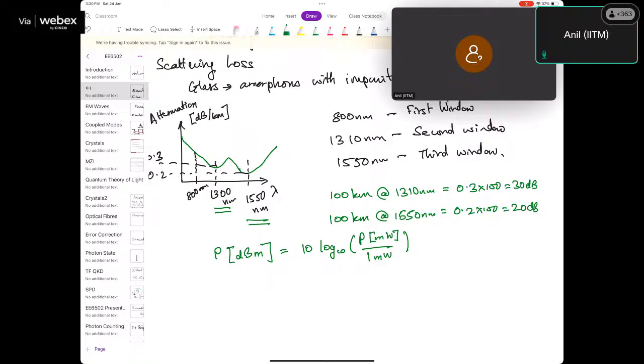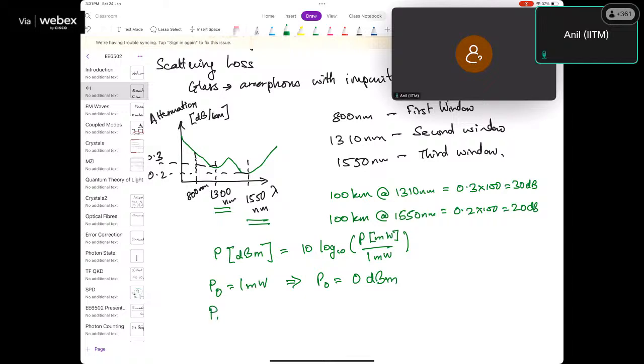Okay. So if I have a ratio, let us say P0 equal to 1 milliwatt, this implies that P0 is equal to 0 dBm.